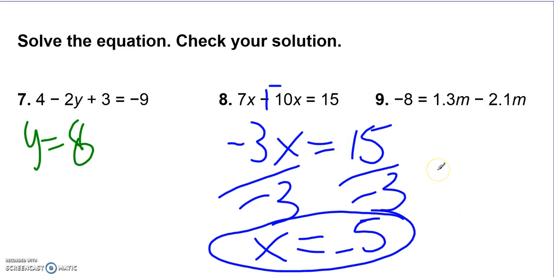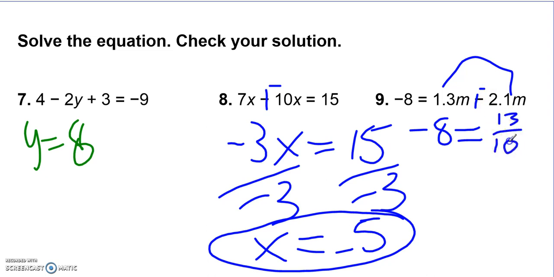Okay. And then, so here we have -8 equals, and we have two best friends again. Okay, so I'm going to want to add those together. So that's -2.1. And like usual, I like to put these over 10 so I can see it better. It's just like a preference thing. If you can look at this and get it, that's perfectly fine. But I like to do it like this.